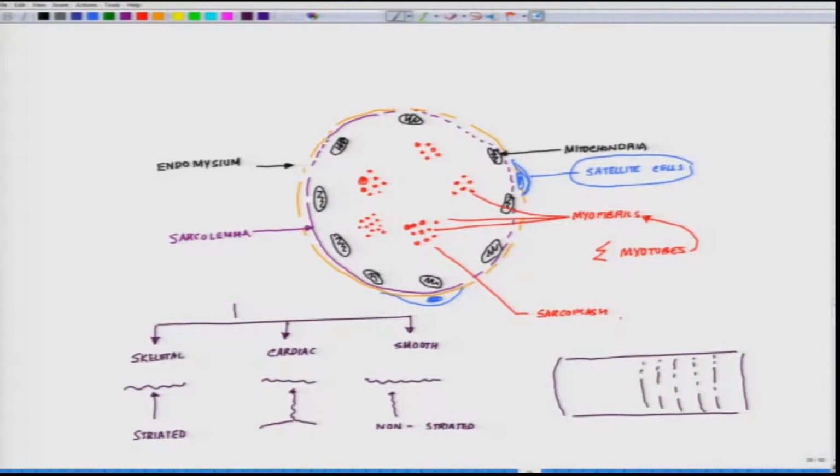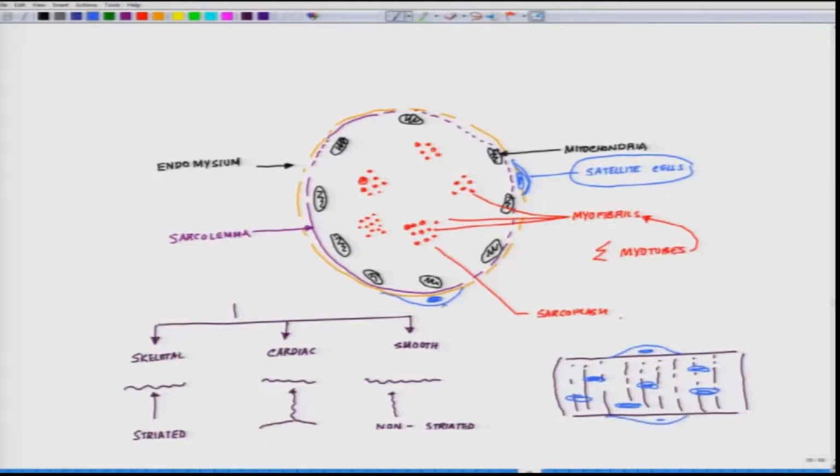These are the striations. What will you observe within the striations? You will see the nuclei are present like this. And of course, there is one more thing which I did not mention out here, those big cells.